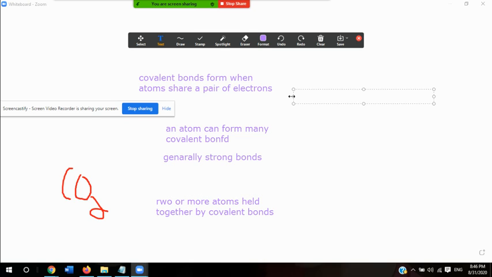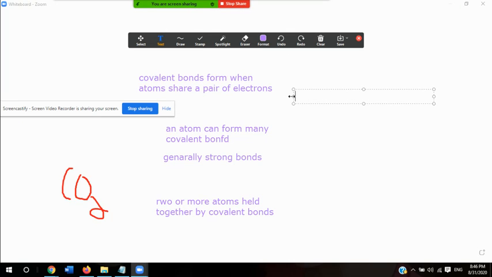Okay, ladies and gentlemen. So, one very important thing about molecules, and with this we'll wrap up our lesson, is that all substances that make up organisms are molecules held together by covalent bonds.